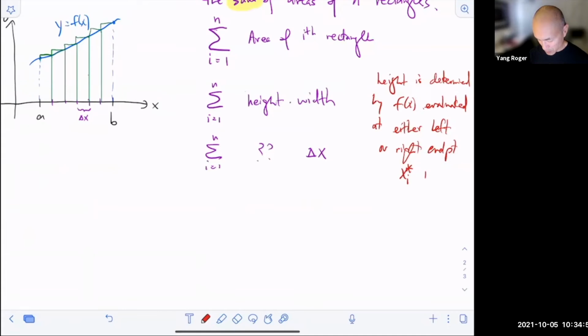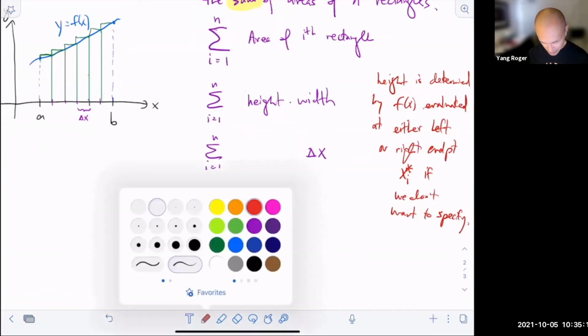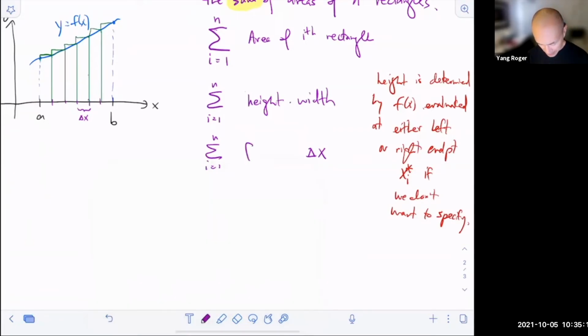I'm going to come over here and erase this question mark, and I'm just going to write in here, this is f of xi star. And this is our Riemann sum, our most general Riemann sum.